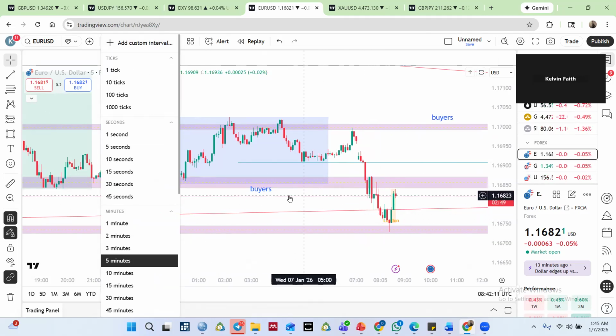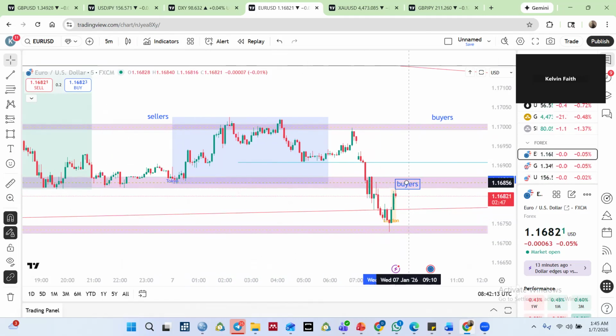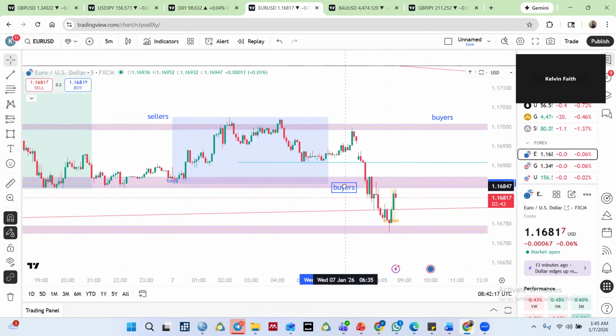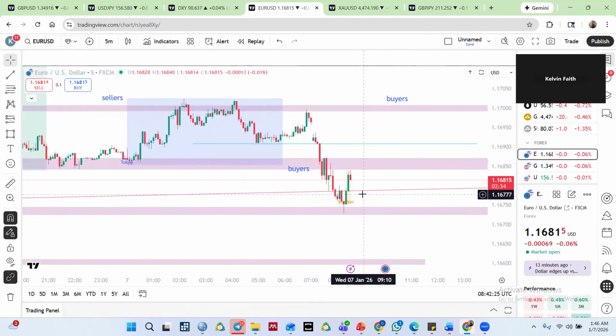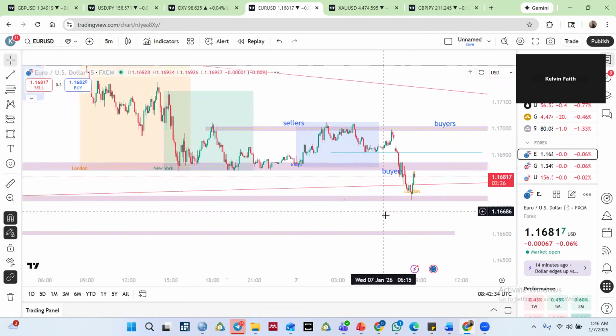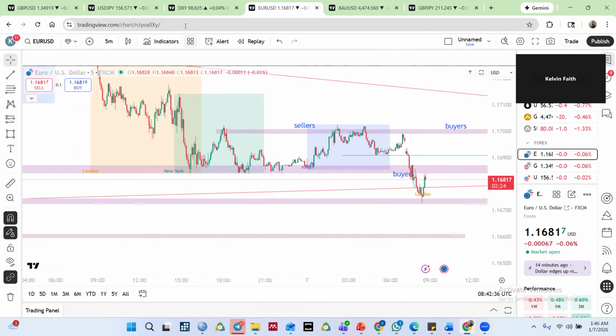It's reacting to this area. Like I said, it's just reacting to this area of the buyers. Buyers have been crashed. A pullback into the buyers, we should expect the sellers to be in charge. If the sellers fail to be in charge here, then it means that above this area, we are going to have buys. It's as simple as that.